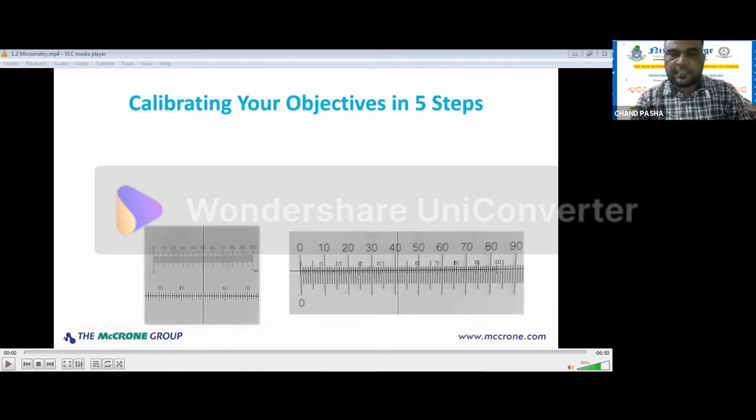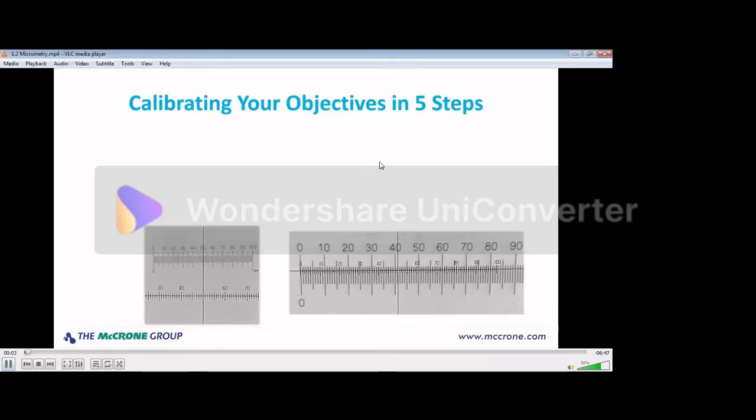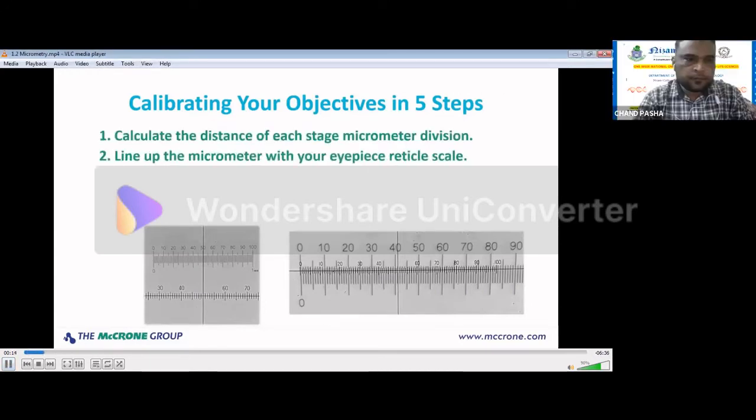So there are 5 steps for the measurement of bacterial size. First, with the stage micrometer, you need to calculate the size of each division.